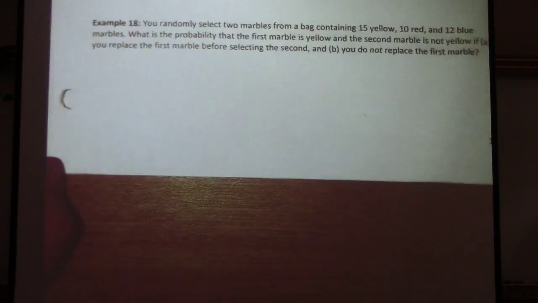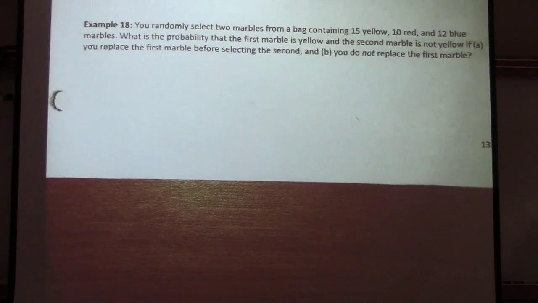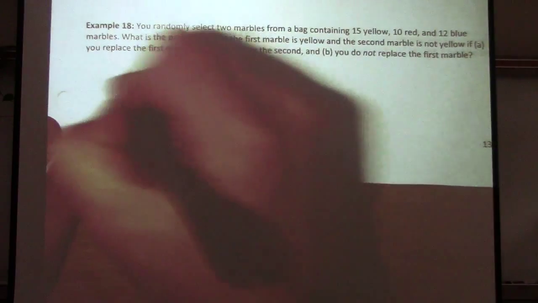All right, let's do the last example really quick. You randomly select 2 marbles from a bag containing 15 yellow, 10 red, 12 blue. What's the probability that the first marble is yellow and the second marble is not yellow? A, if you replace the first marble, and B, if you do not replace the first marble. Well, let's see.